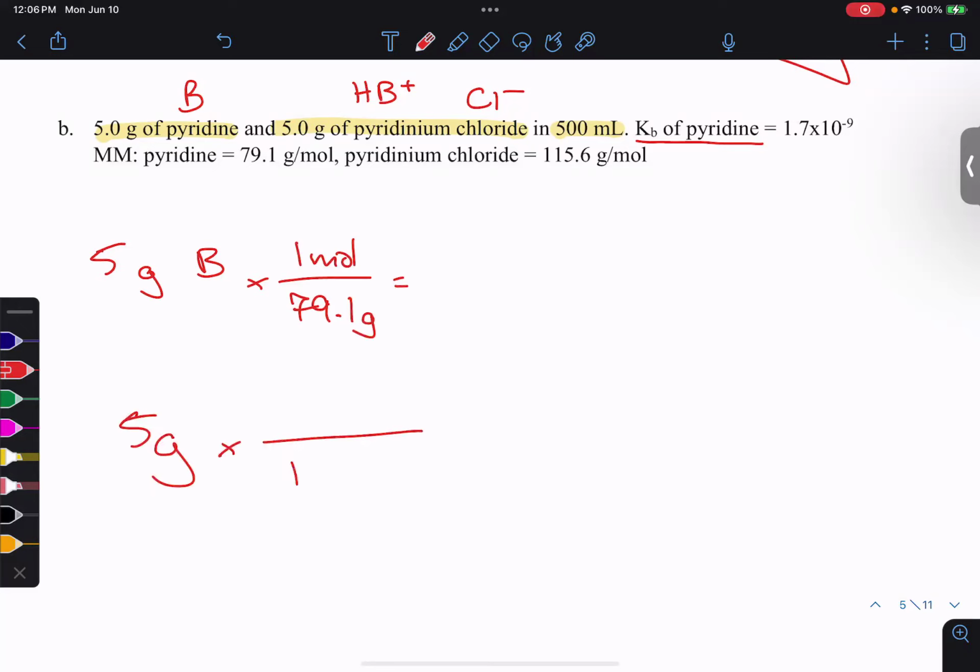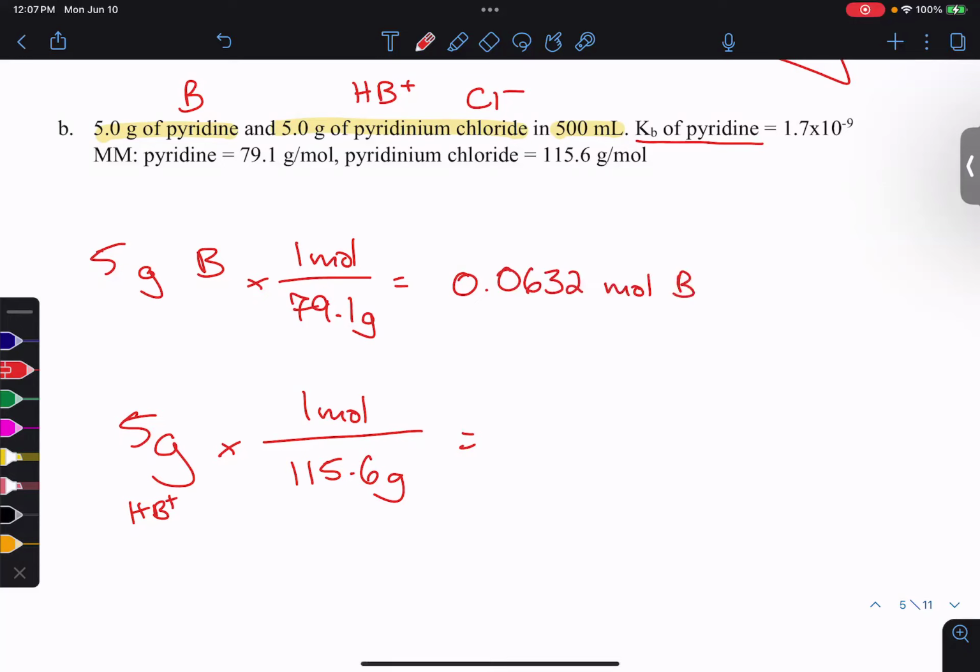That has a molar mass of 115.6 grams, and that is HB plus, that's pyridinium. And so those values are 0.0632 moles of the base component, and then 5 divided by 115.6 is 0.0432 moles of pyridinium. So this is HB plus, right?